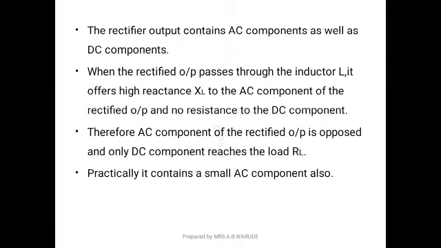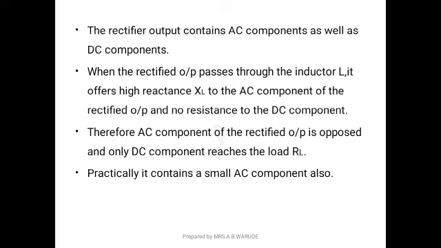The rectifier output contains AC components as well as DC components. When the rectified output passes through the inductor, it offers high reactance to the AC component of the rectified output, and no resistance to the DC component.